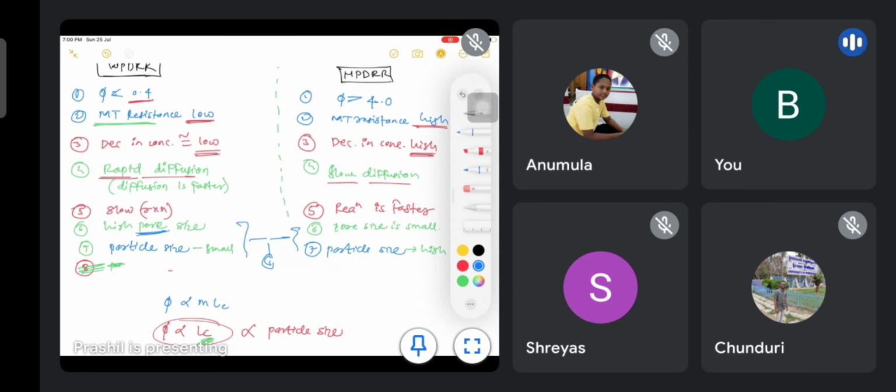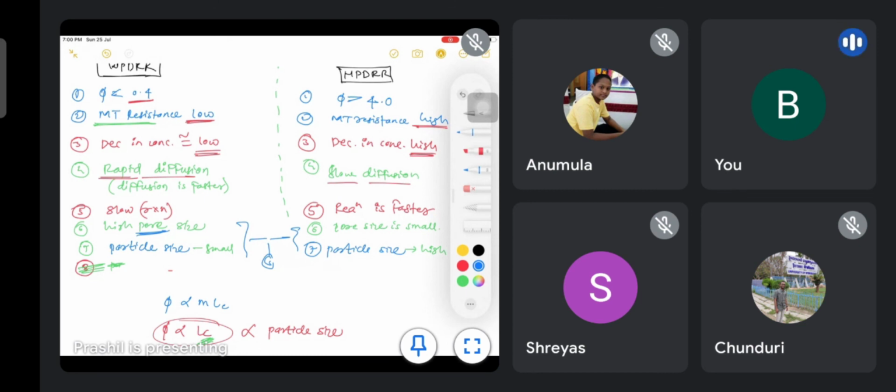And here I also told you, the one which has the lower coefficient is the controlling one, in case of coefficient, not resistance. So one which is lower, that is controlling. Slowest step is the controlling one.